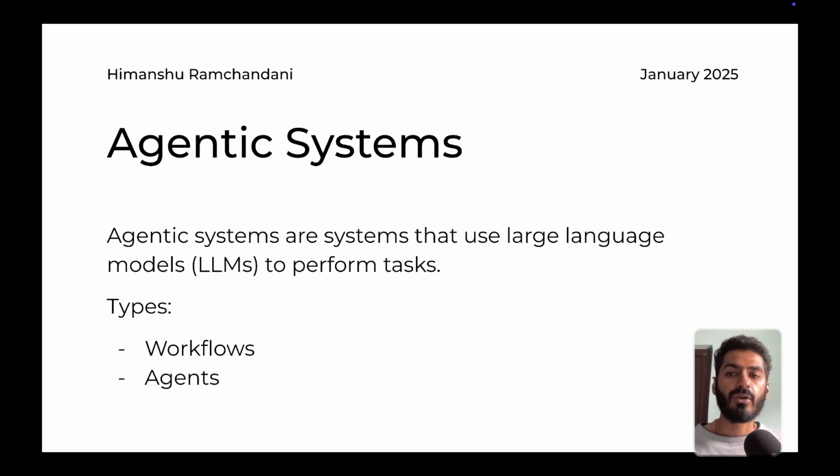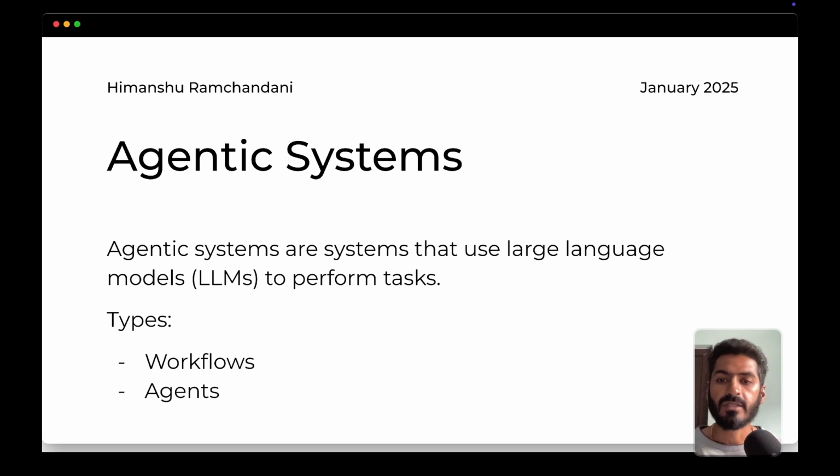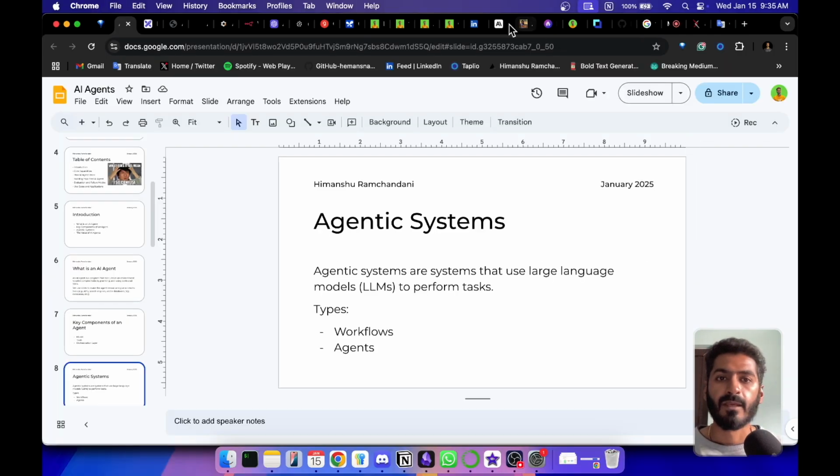So agentic systems are basically of two types: workflows and agents. This is from Anthropic, I think. They came up with these two things. Just a second, let me show that to you.